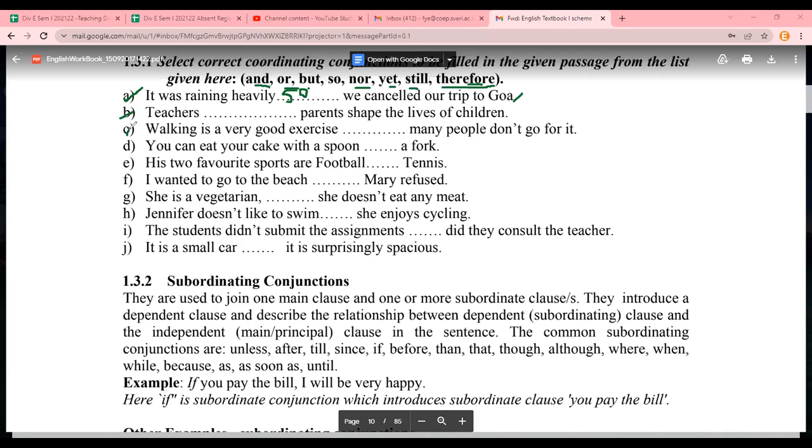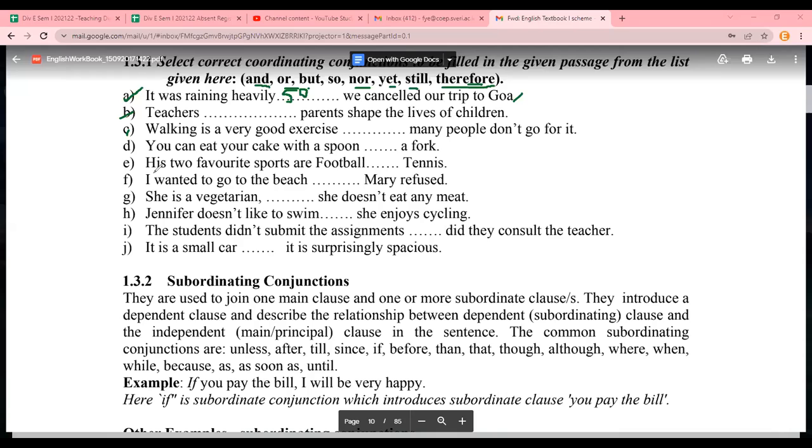But. You can also write yet: walking is a very good exercise, yet many people don't go for it. And still also, from Sakshi, she's saying: still, many people don't go for it. So three of them can be right answers.